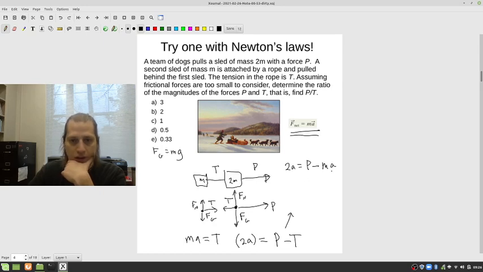Let's add ma to both sides. 3ma equals P. And now I have 3ma equals P, ma equals T. So if I wanted to find P over T, P would be 3ma, and T would just be ma, so that equals 3.